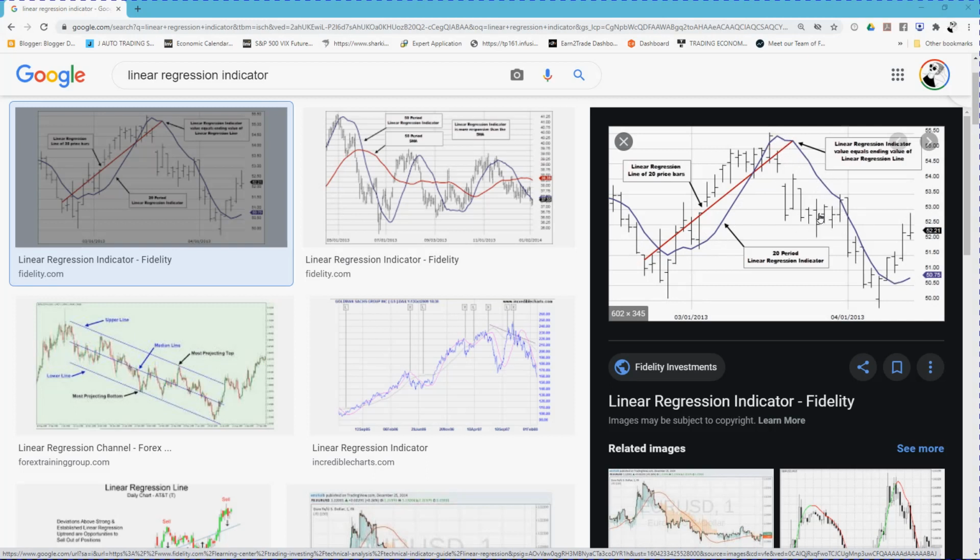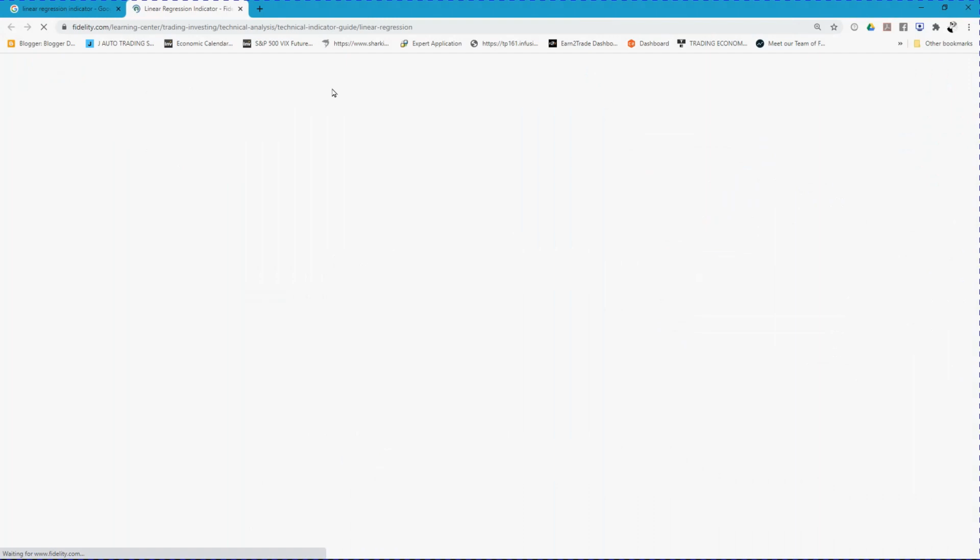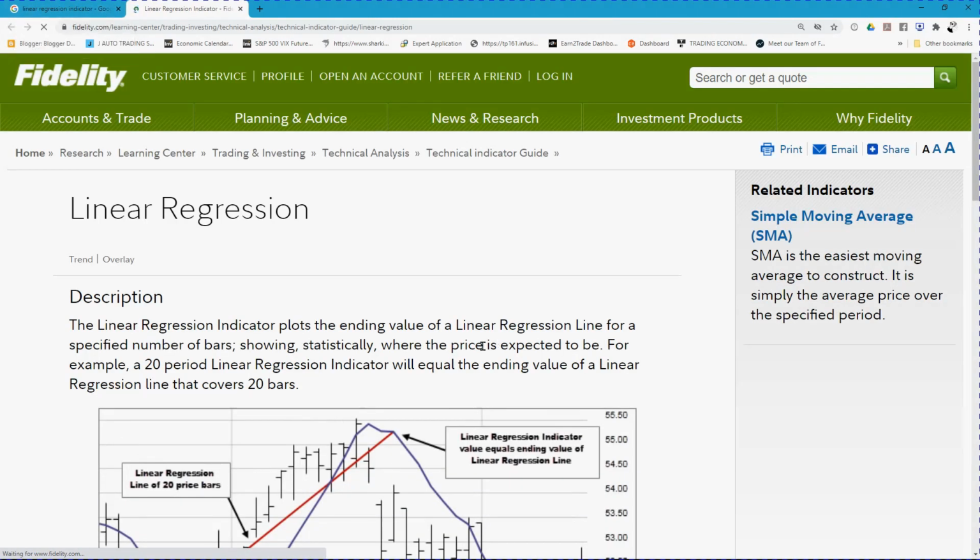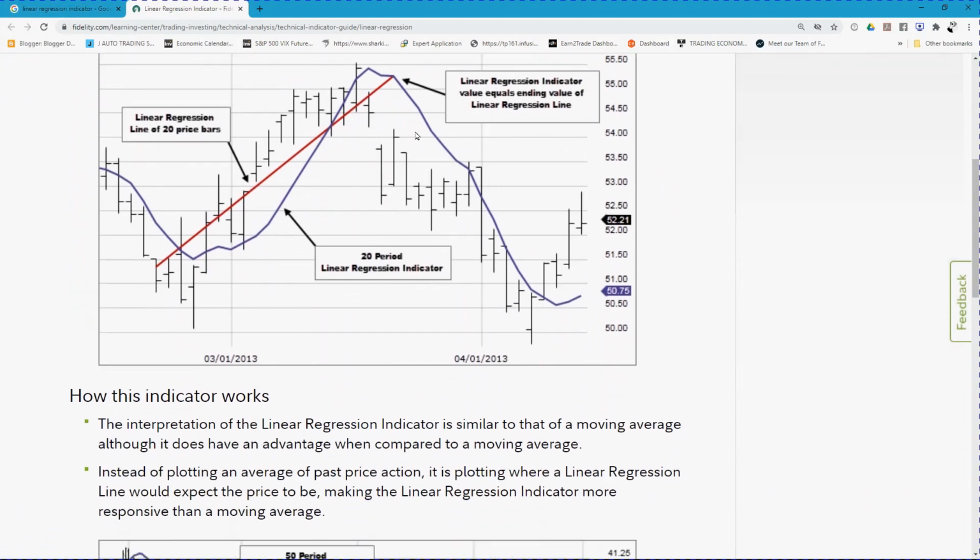And so, can you use statistically based methods first to see if it's going to get back to the mothership, as I call it, going back to the linear regression line, and see if that works out?